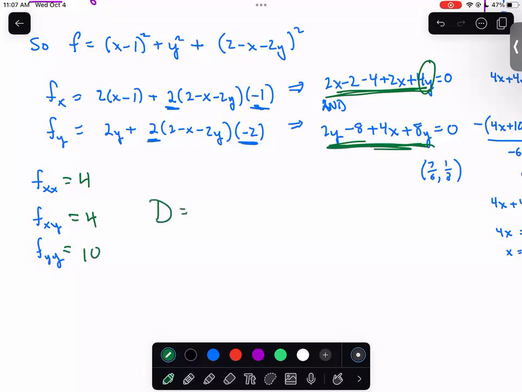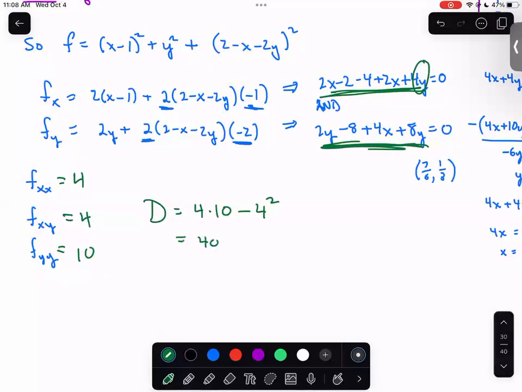So my D is going to be 4 times 10 minus 4 squared. And you can write out the actual determinant if you'd like. So that's going to be 40 minus 16. The big thing is that that's positive, 24.